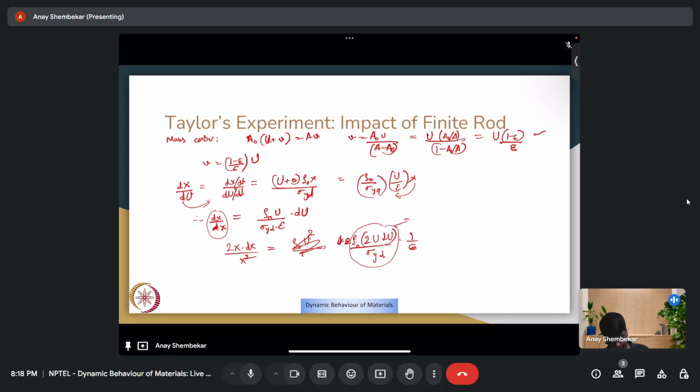This term is nothing but d of rho naught u square by sigma yd, which we have seen is d of epsilon square upon 1 minus epsilon. It's the final deformation. So on the left hand side you have a term which is d of x square upon x square, equal to 1 over epsilon d of epsilon square upon 1 minus epsilon.